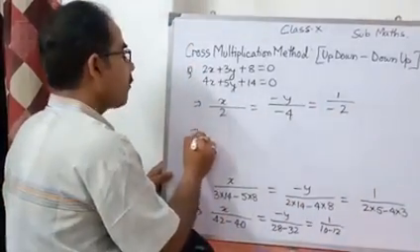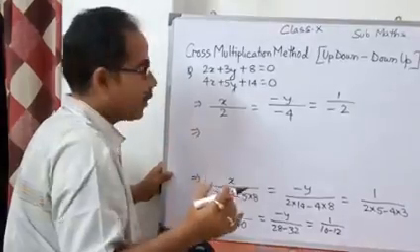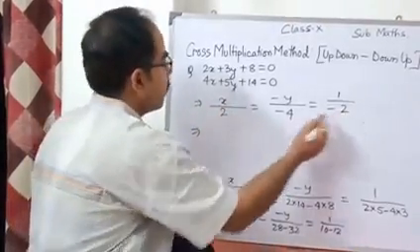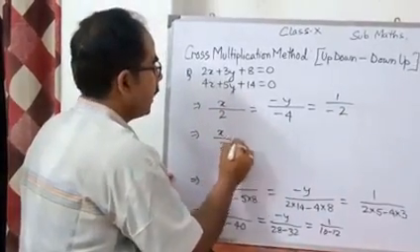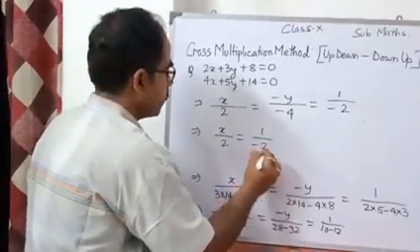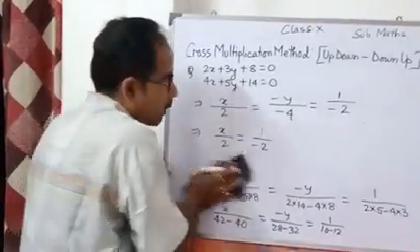Now whenever you are willing to find out the value of x, you take these two components. That means x by 2 is equal to 1 by minus 2. Okay, I am rubbing this part.